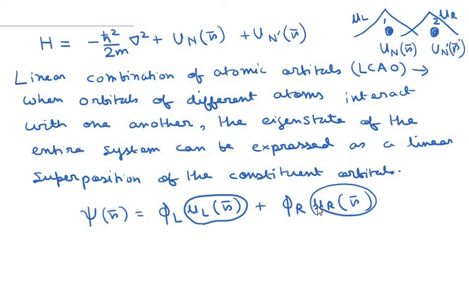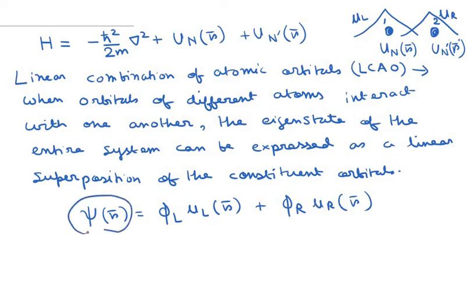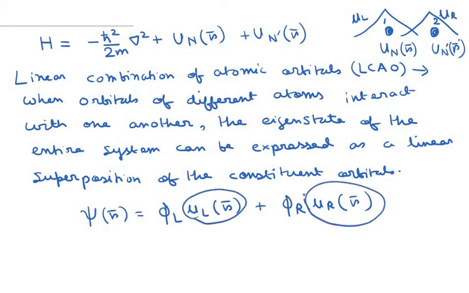Okay, so in an isolated atom, you already know that we have different orbitals like 1s, 2s, 2p, then 3s, 3p, 3d. Then there are 4s, 4p, 4d, 4f. So like that. Each of these, 1s, 2s, etc., are the eigenstates of the isolated atom. So I again repeat that this is the eigenstate of the entire system when the two atoms are brought closer to each other, and these are the eigenstates of the isolated atom.